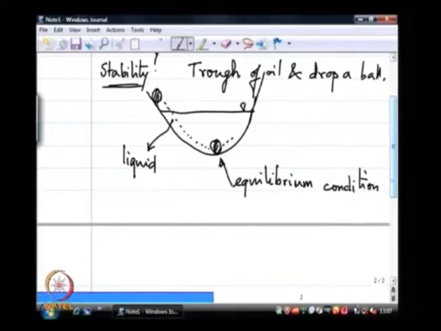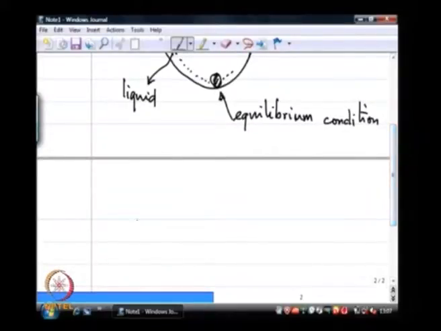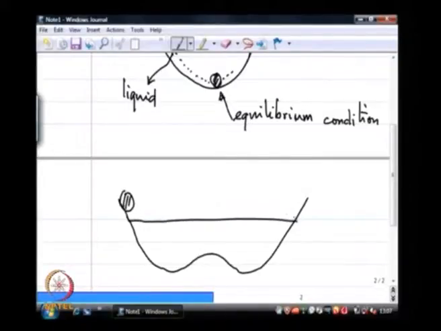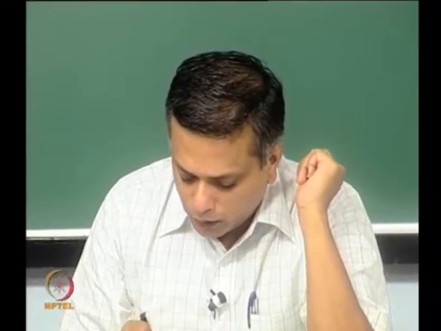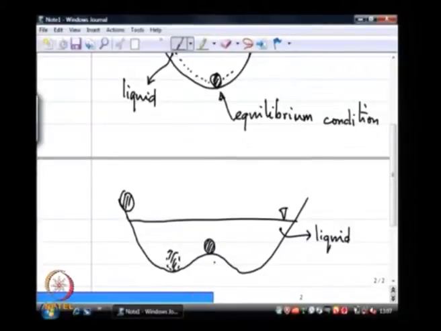Okay. Now, if I take another trough, and if I drop this ball here and let us say this is all liquid, it is possible that it could come to rest here, or if I am very lucky, it could come to rest here, where it overshoots.